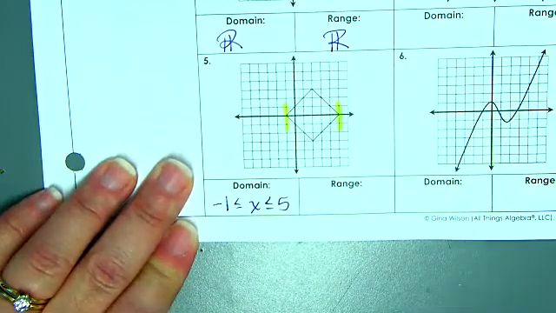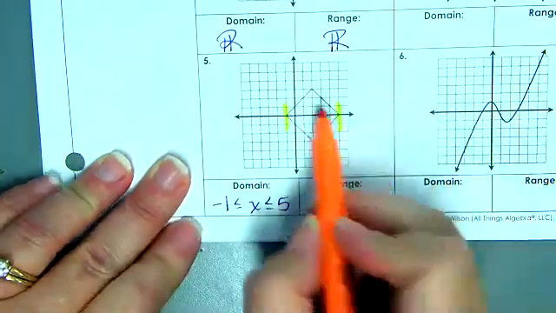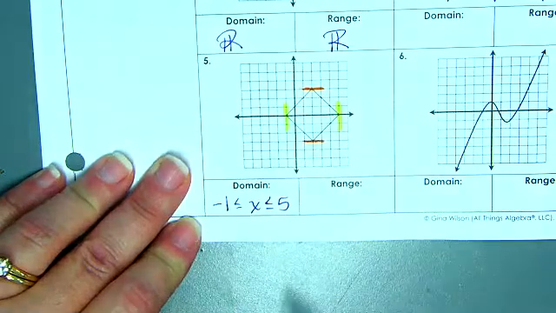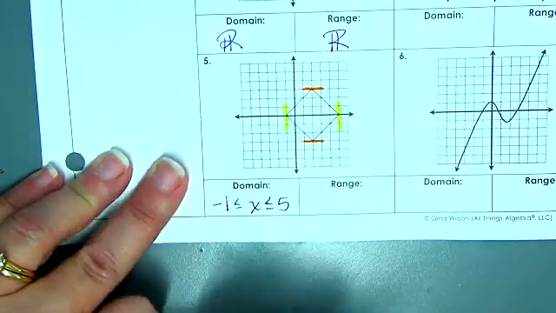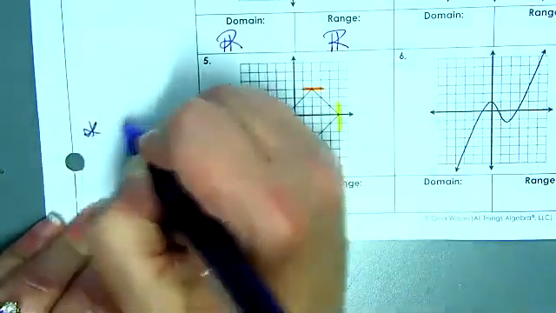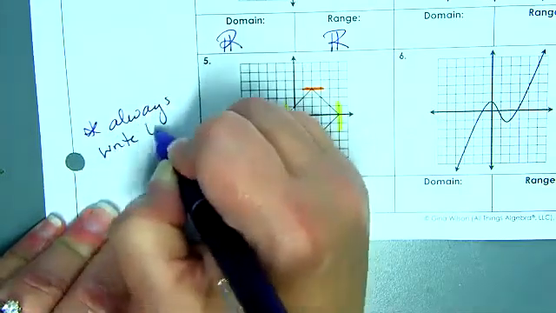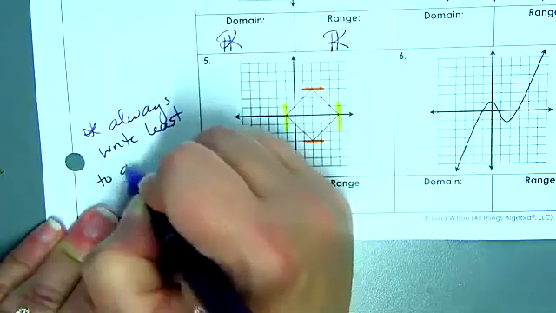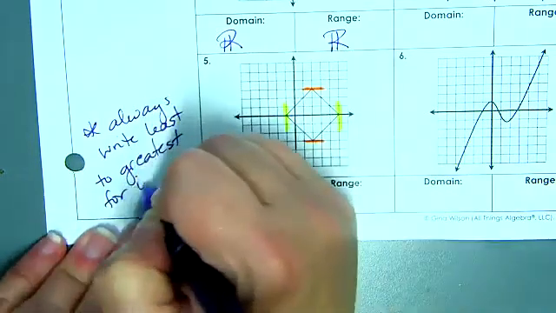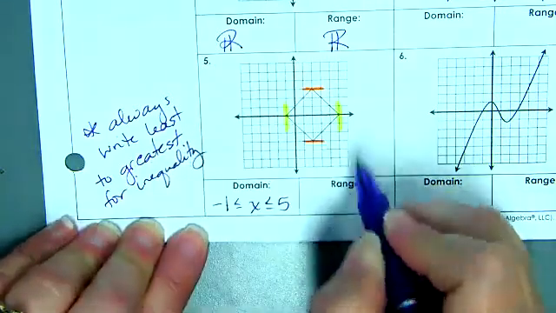Now I'm looking at my range, which is my Y values. So I'm looking at the top and the bottom. When you're doing your inequalities, you always write from least to greatest. So this one is going to start from the lowest.